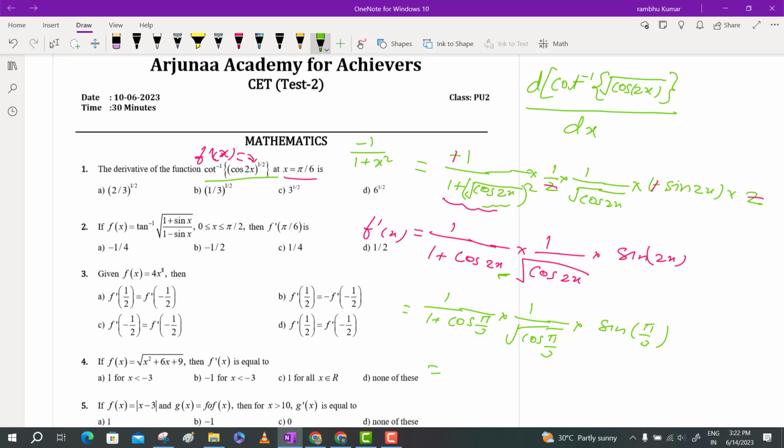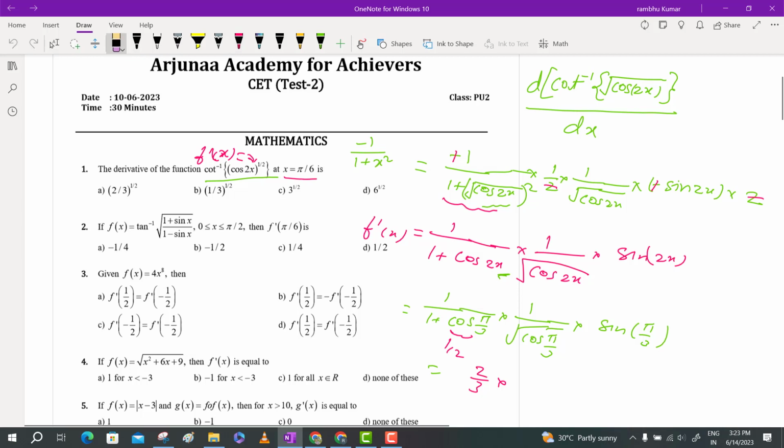Now you know the value: cos pi by 3 is equal to 1 by 2. So 1 plus 1 by 2 will give you 3 by 2.